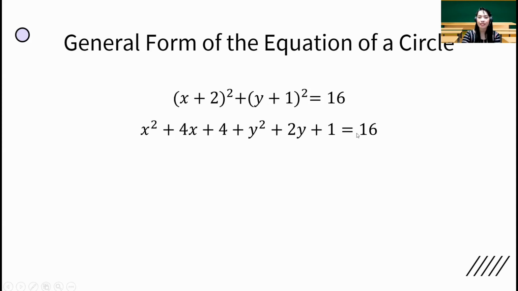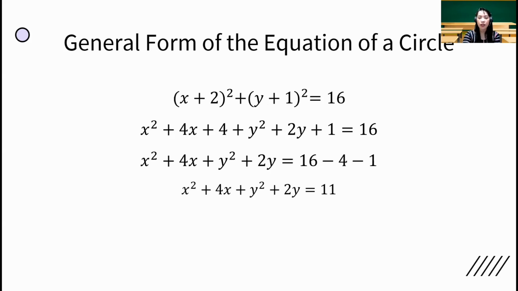Using the addition property of equality, or transposing 4 and positive 1 to the right side, that would be x squared plus 4x plus y squared plus 2y equals 16 minus 4 minus 1. To simplify, x squared plus 4x plus y squared plus 2y equals 11.